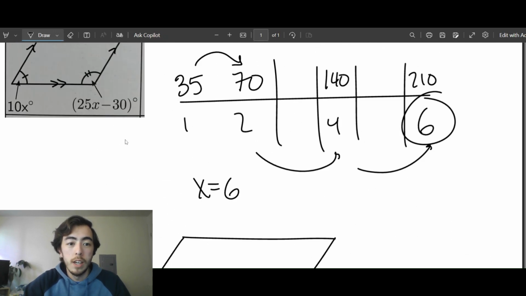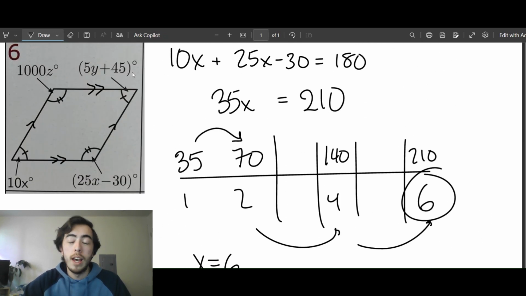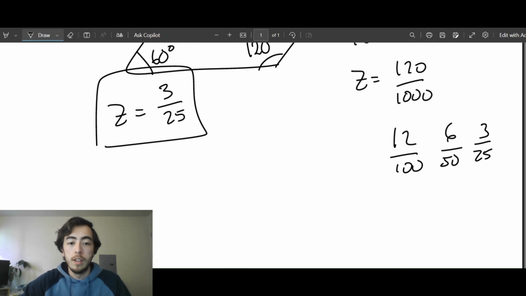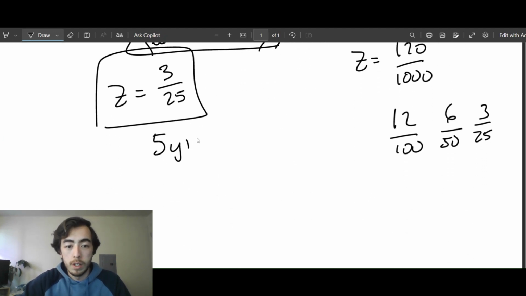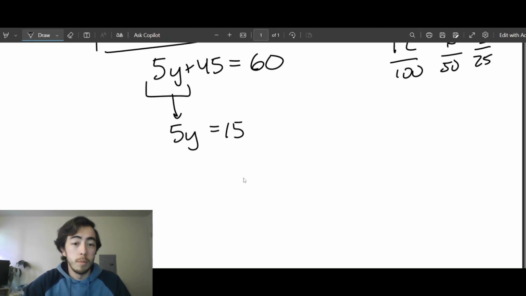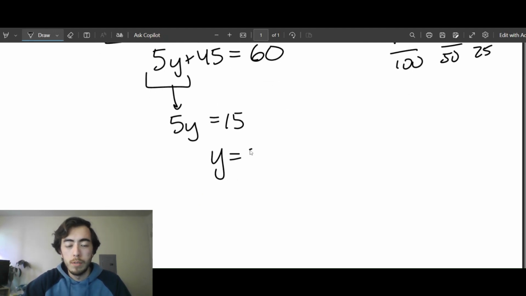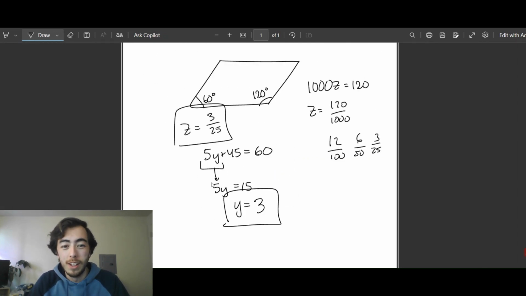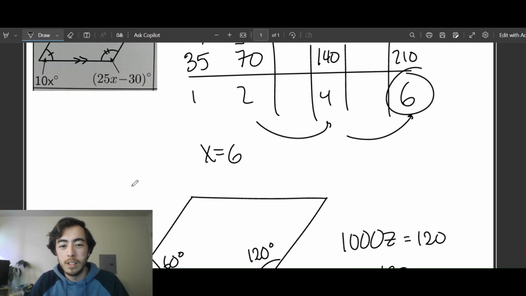And then finally, this expression with y in it has to be equal to 60 degrees. So 5y plus 45 is equal to 60. I can tell that this number has to be 15. And then once you divide both sides by 5, you get y equals 3. So those two numbers didn't really matter.